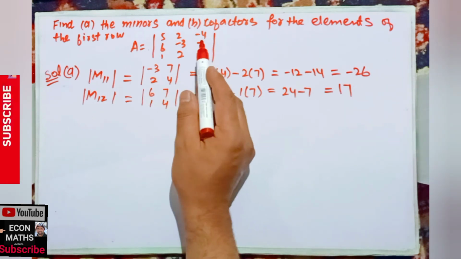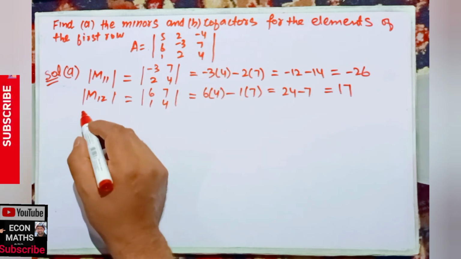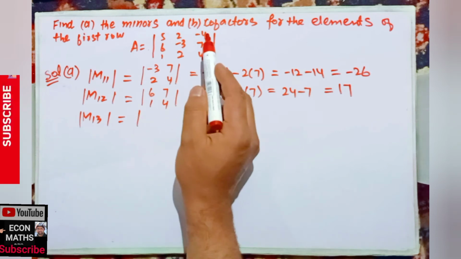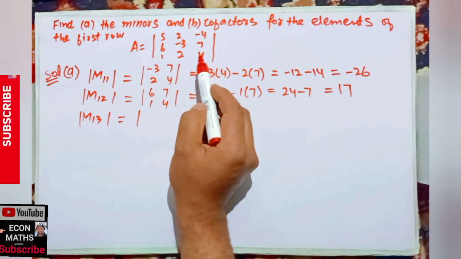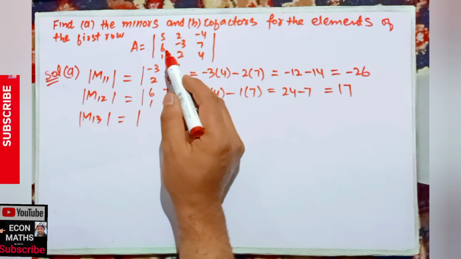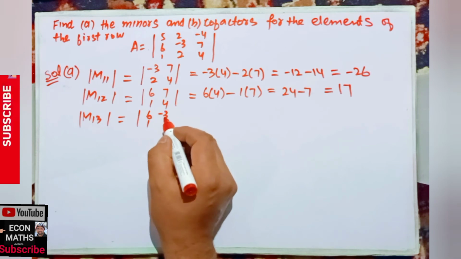Similarly the minor at the third place, M13, is equal to, mentally deleting the row and the column in which the third element appears, the determinant of the remaining elements. So this is 6, 1, -3, 2.